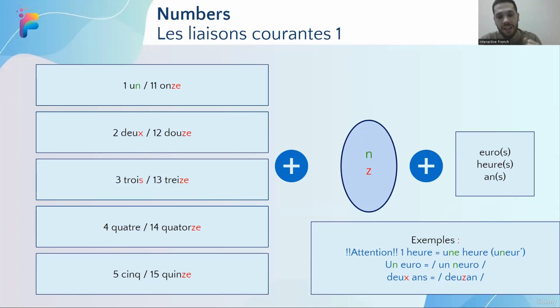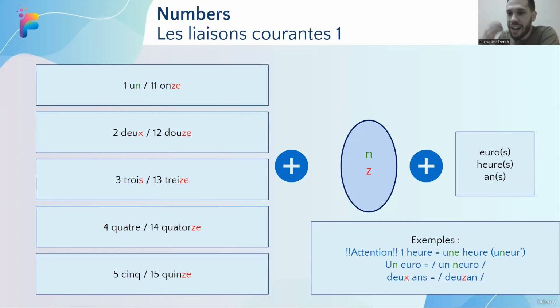So by linking, we mean that we would hear the last letter. Let me demonstrate. If I want to say €1, I'm going to say un euro. Un euro is €1.